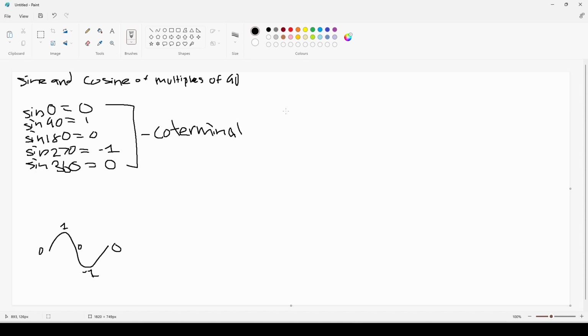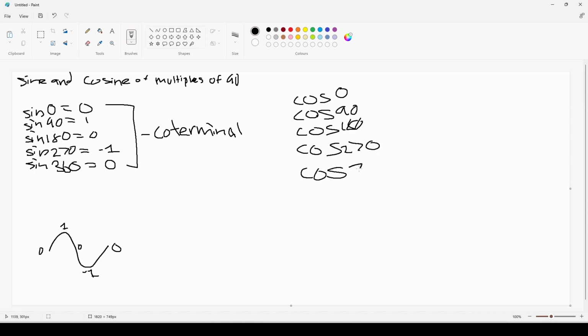Now let's take a look at the exact same thing with our cosines. Probably should have written these down beforehand, but it's fine. So cosine 0, cosine 90, 180, 270, 360. And it is the same thing, except shifted a little bit, where our sine 90 is equal to our cosine 0.